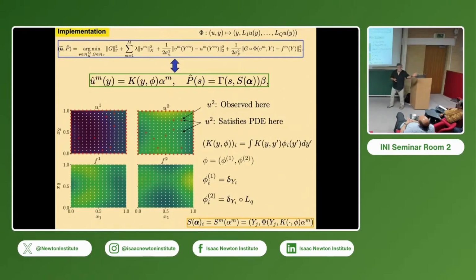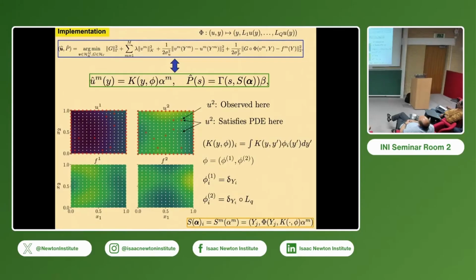Okay, so this is what I was saying. At the end of the day, you have to minimize this nonlinear optimal recovery problem. So the way you do that is by invoking a representer theorem that looks like this, that allows you to represent those partially observed solutions or approximate them with expressions that look like this. So this is an expression involving your kernel K. This coefficient alpha becomes an optimization variable. This is for P, this is your kernel gamma, and this alpha appears here.